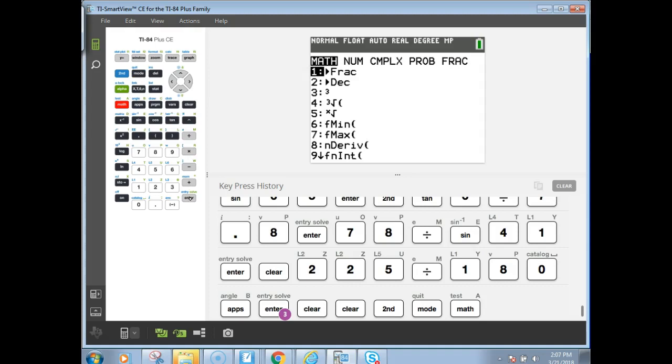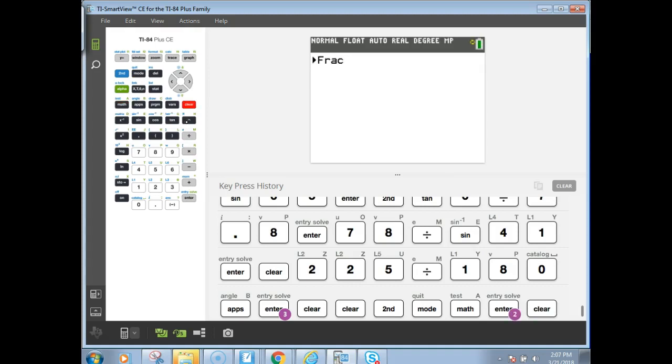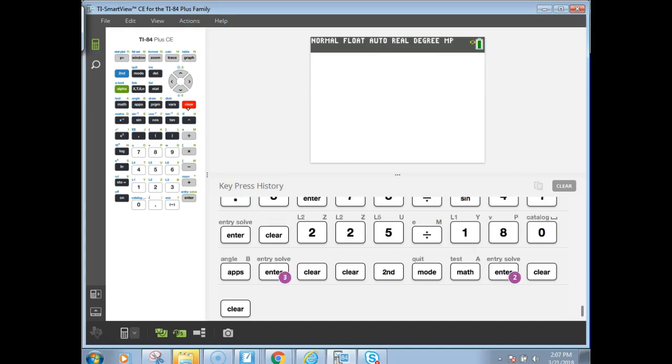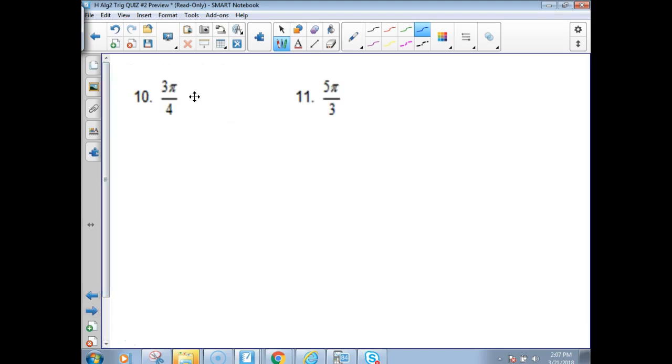Math, enter, enter. Got too close to the wrong button. Now it doesn't like me doing anything. Okay, well, I'll just look at my key because you guys have probably already got it written down and are moving on. I took forever. 225 divided by 180 reduced should be 5 pi over 4. Yes? Okay. 10. 3 pi over 4.